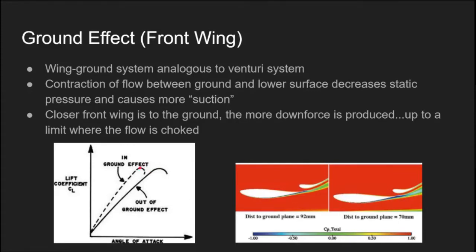When you're working in ground effect, you can't push the wing to as hard of an angle of attack, right? Remember how we said that you can increase the angle of attack up until a point where you reach a maximum lift, you stall, and then you lose lift. When you're in ground effect, because of this interaction with the ground, you can't take the wing to as high of an angle of attack because it does stall a lot earlier.